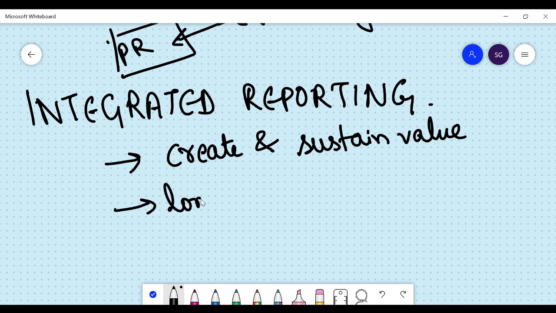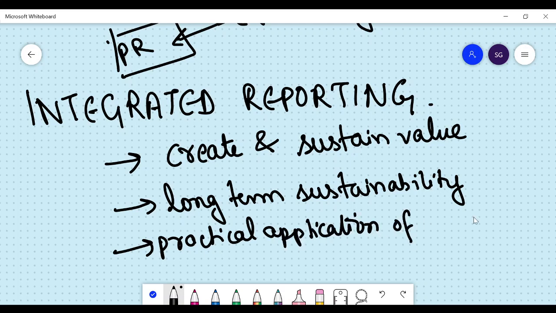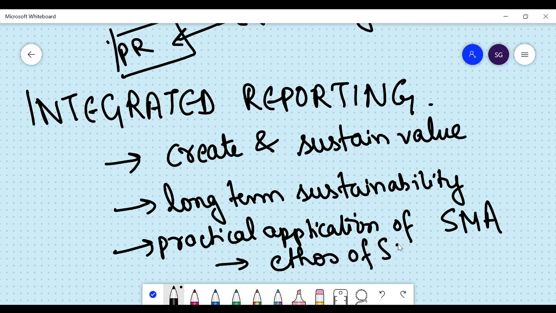It highlights the importance of long term sustainability. It helps to make a practical application of strategic management accounting. It helps to keep up the ethos of strategic management accounting and it helps in long term focus on creating and sustaining value.